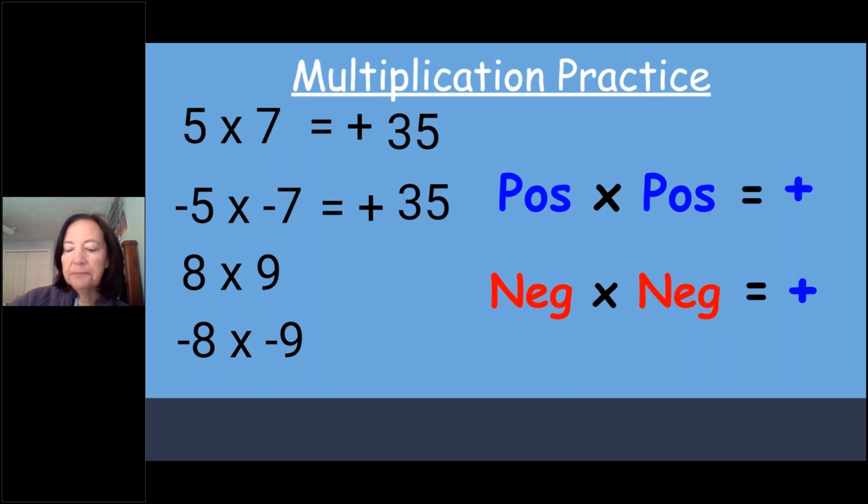How about 8 times 9? What's that going to equal? 52. Did you say 52? 72. 72 is correct.